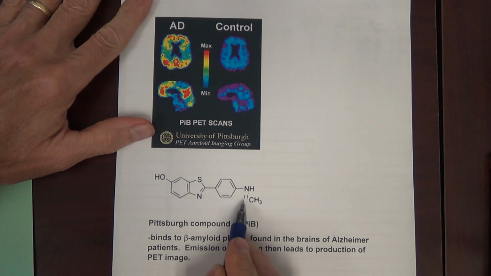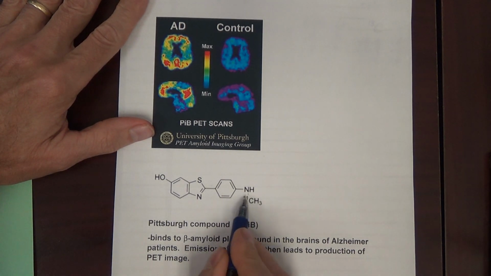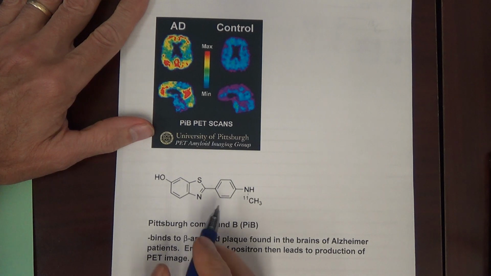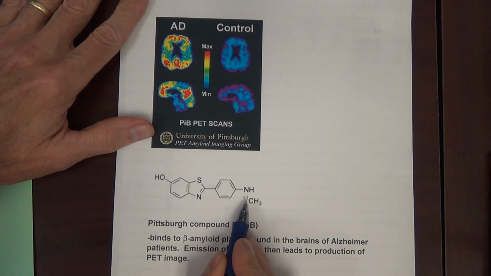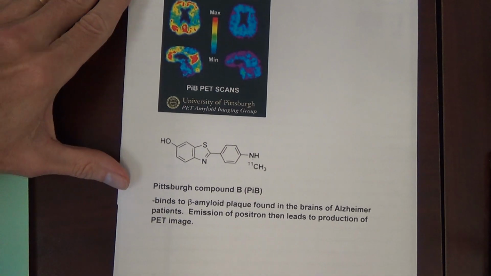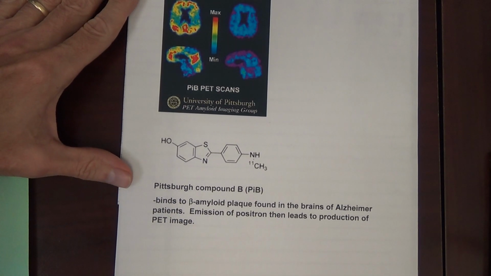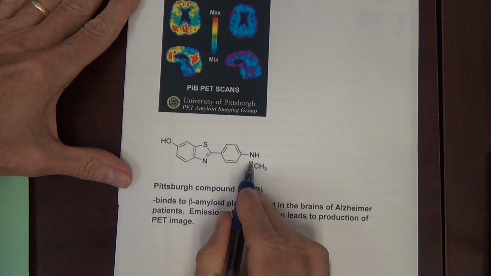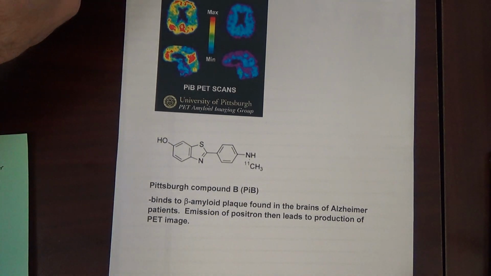But this one is shown specifically. It's a synthetic compound which also contains a man-made element, isotope. And carbon-11 is a positron emitter. That's the way it decays, radioactive decay.